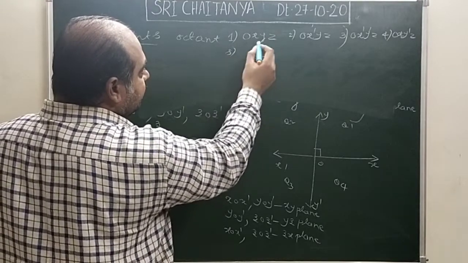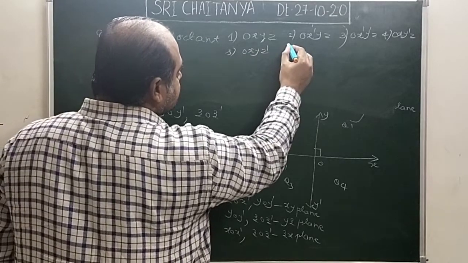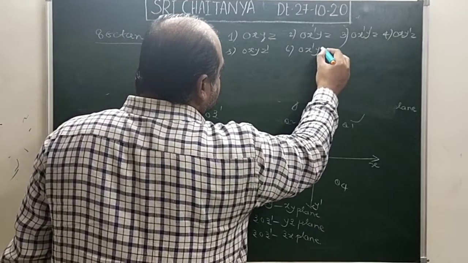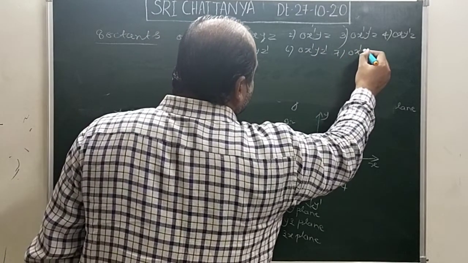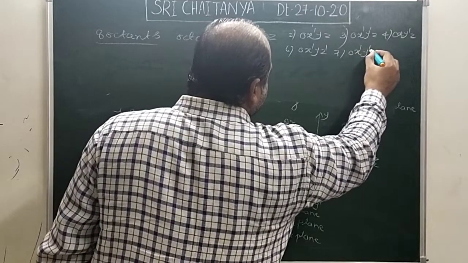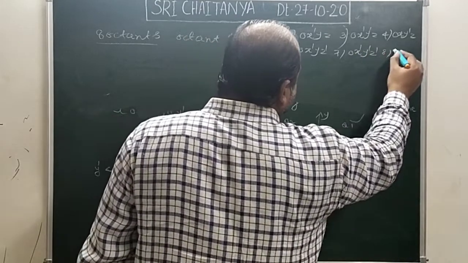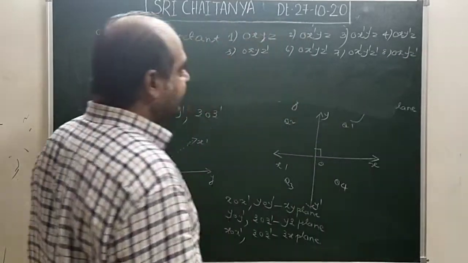Similarly, the other octants, in place of z you write z dash. So these are called 8 octants.